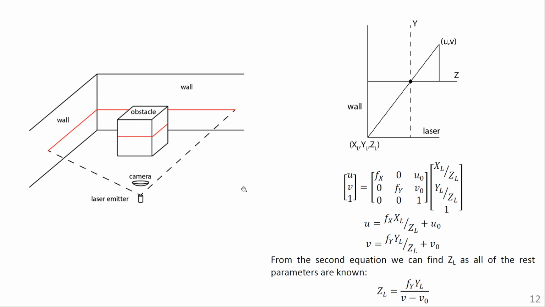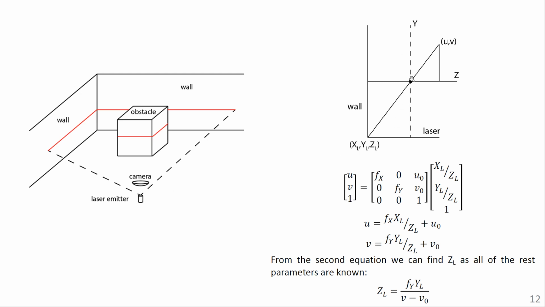Next, how can we estimate the distance? For example, the distance between camera and laser is known to us, and we need to estimate the distance from camera to obstacle. For example, also this image.